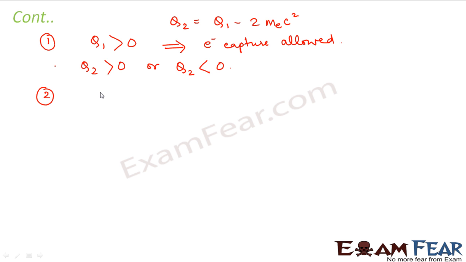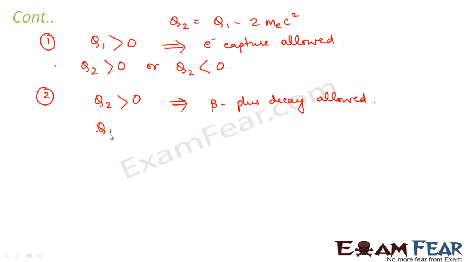But if beta plus decay is energetically allowed, that means if Q2 is greater than 0, then what happens to Q1? Q1 will be Q2 plus 2 m_e c squared. So if Q2 is greater than 0, something positive plus positive will always be positive.